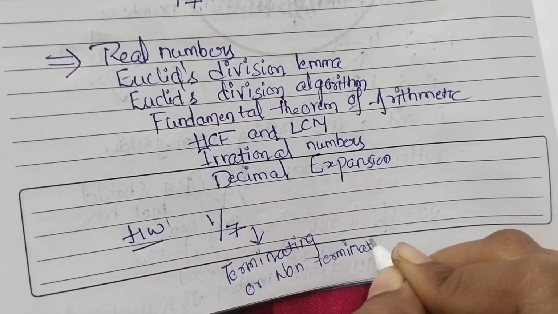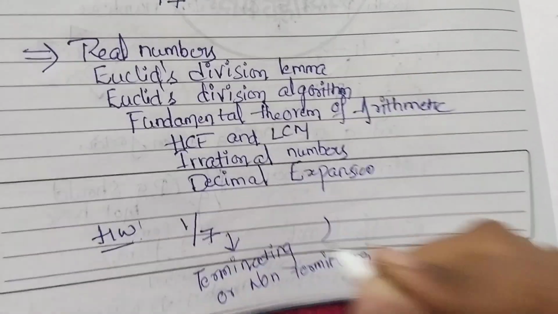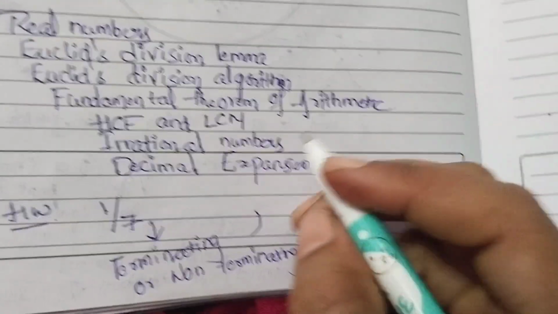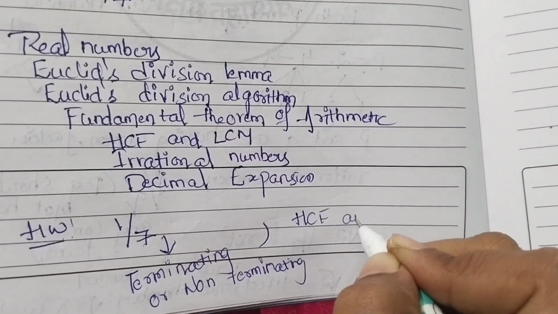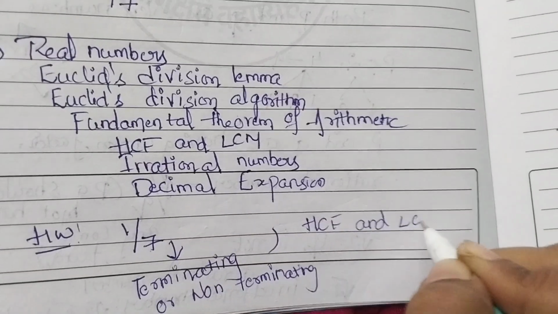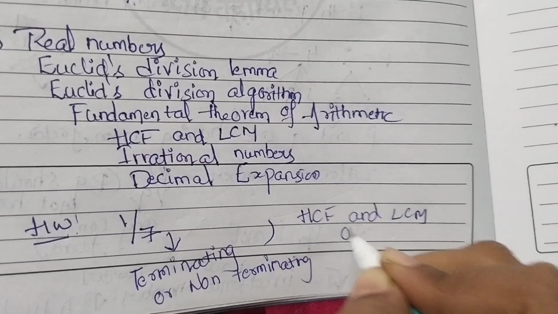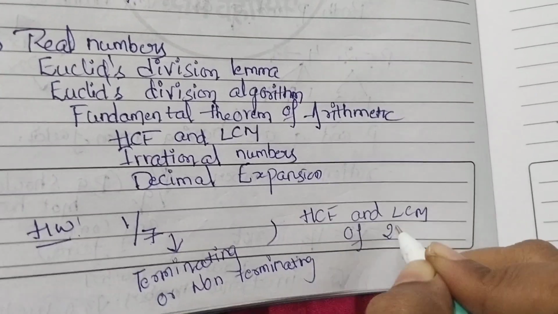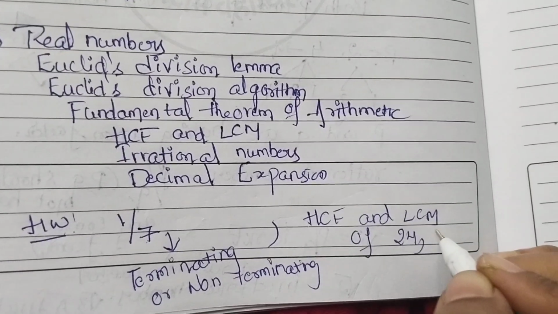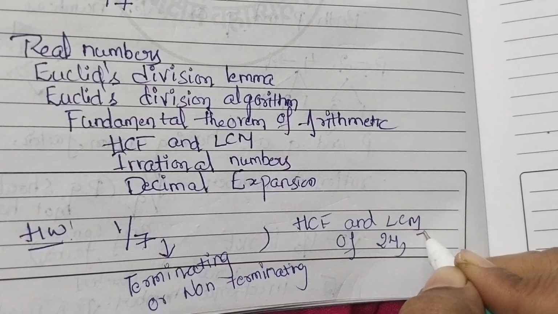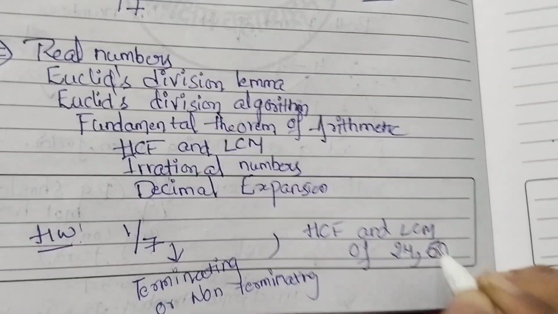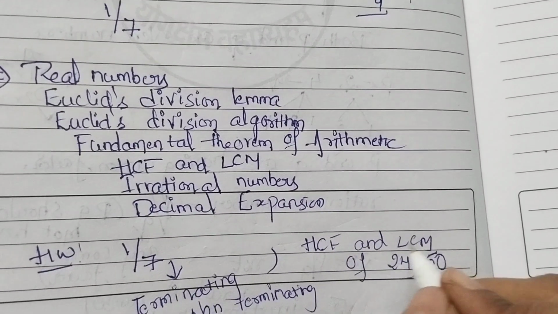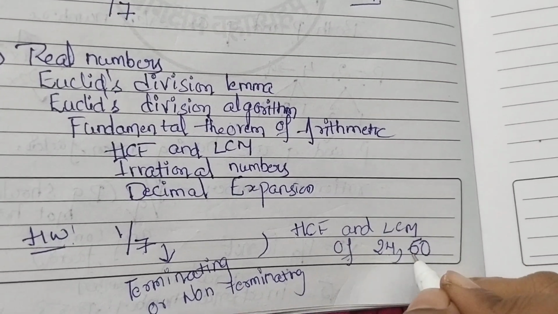And find the HCF and LCM of 24 and 60. Okay, second question is find HCF and LCM of 24 and 60.